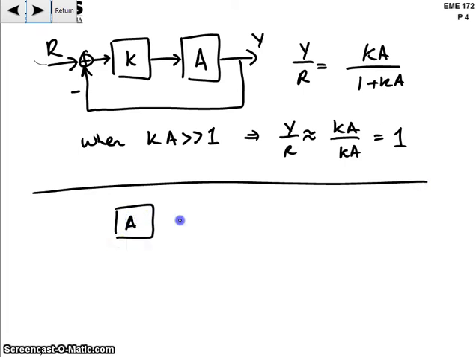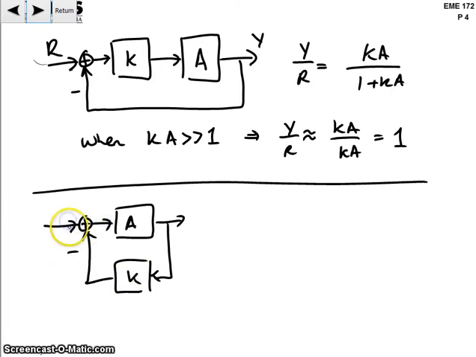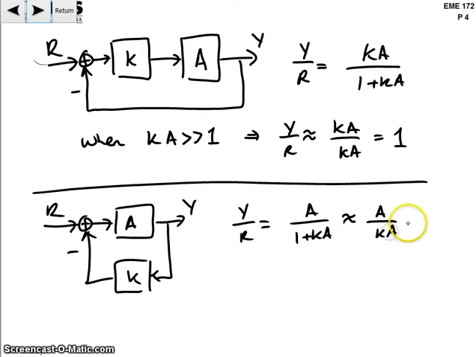So here's the plant gain. Here's the controller gain. And so it turns out that when we write this transfer function y over r, we get a over 1 plus ka, which is approximately equal to a over ka, which is just 1 over k.